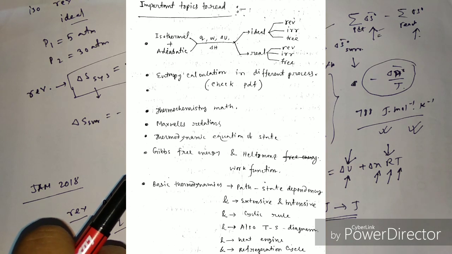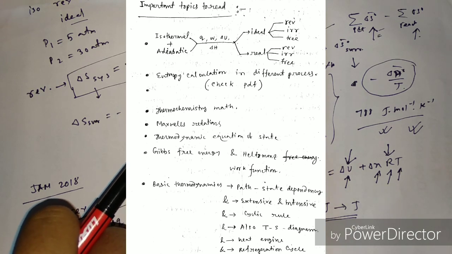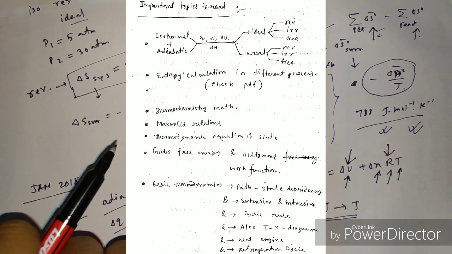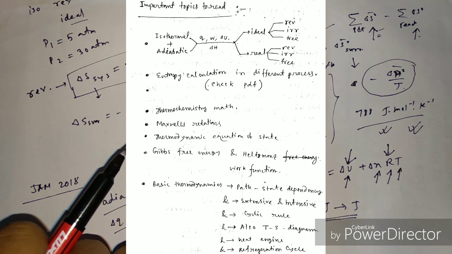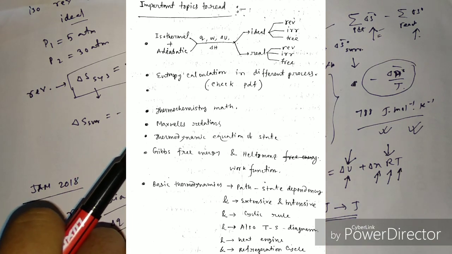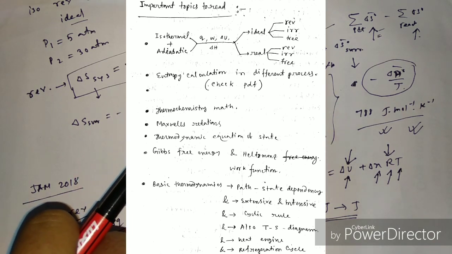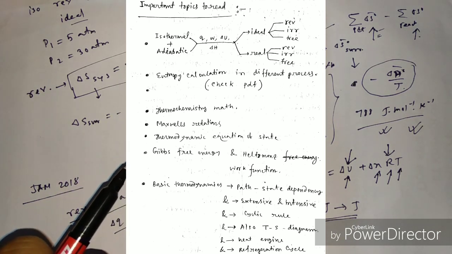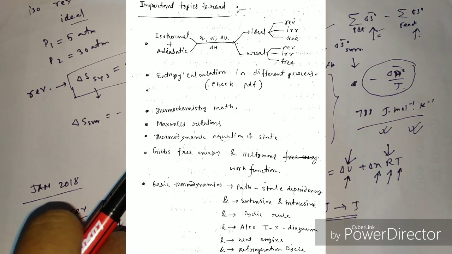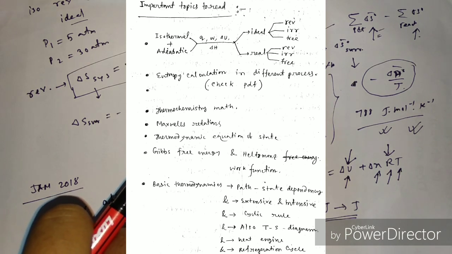Then Maxwell relations, which I have already told you about, and how to remember all of them. You will get the relations also in the PDF. Next is Gibbs free energy and Helmholtz work function. And finally some basic thermodynamics: path and state dependency, extensive and intensive properties, the cyclic rule, and the TS diagram, which is very important, you need to remember.